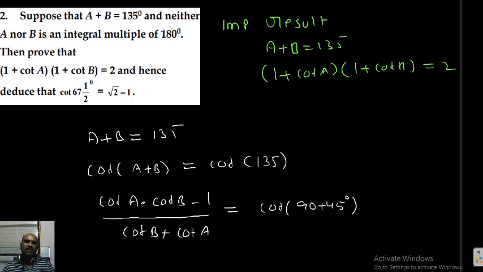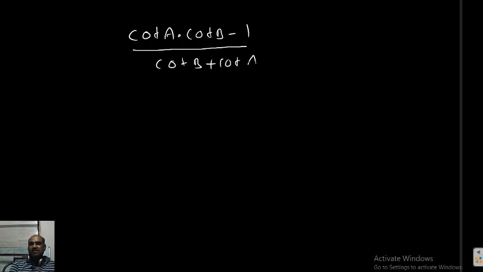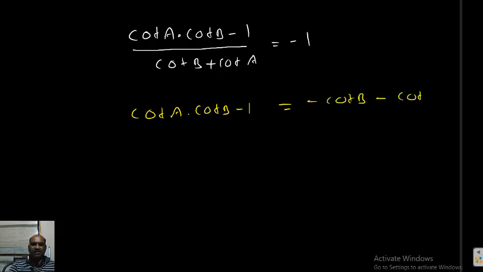Cot of 90 plus theta is in the second quadrant, so cot is negative; 90 is an odd multiple, so cot becomes tan 45. That is equal to minus 1. I will write it on the next page. Cot A into cot B minus 1 by cot B plus cot A equals minus 1, or cot A into cot B minus 1 equals minus cot B minus cot A.